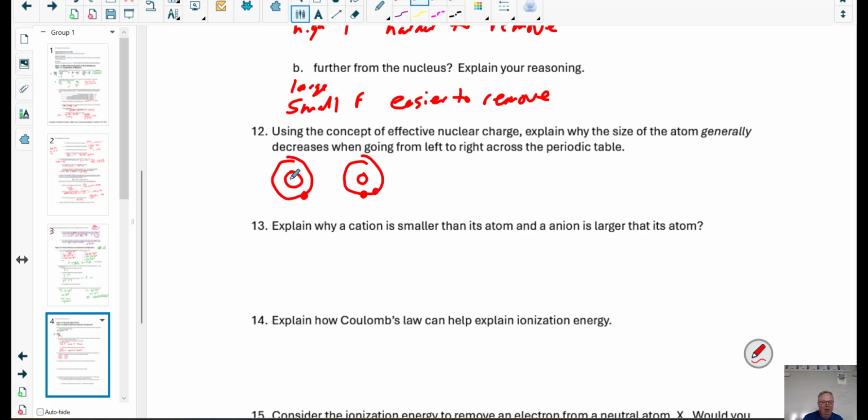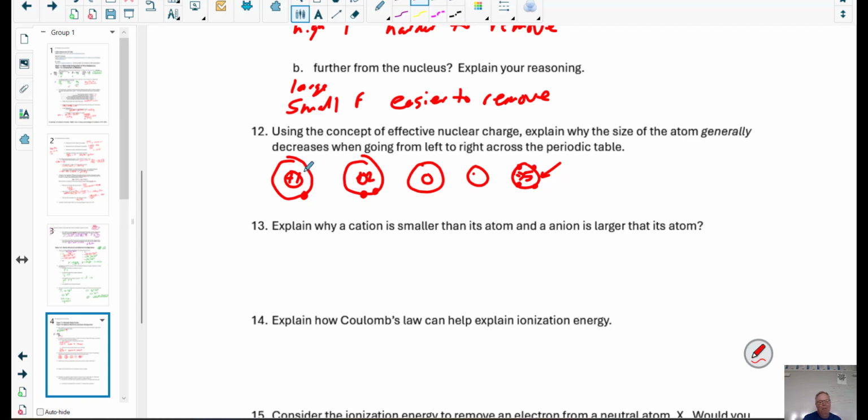But what did we do? We increased the protons. There's one proton here, there's another proton, and there's three protons, four protons, five protons in the nucleus. But they're in the same ring, so that is being drawn in much tighter.